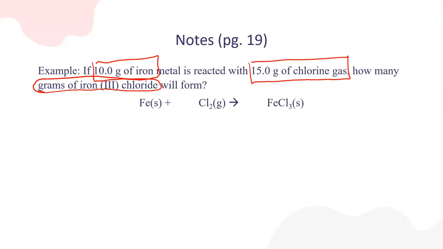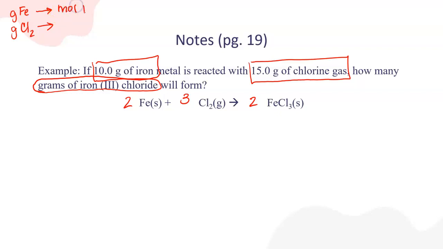Okay? For any stoichiometry problem, what should you do first? Balance it. Balance the reaction. Okay. So then I heard map it out, and that is a very great place to start. So we here have grams of iron given and grams of chlorine gas. And we want to change those into what if we're going to use a BCA table?